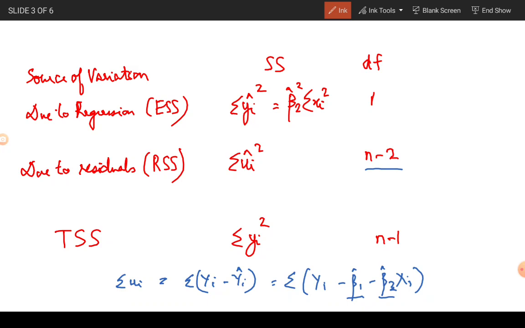That is, when your regression equation is of the form yi is equal to beta 1 hat plus beta 2 hat xi plus ui hat. So you have only one x variable and one y variable. This is a two variable regression model.